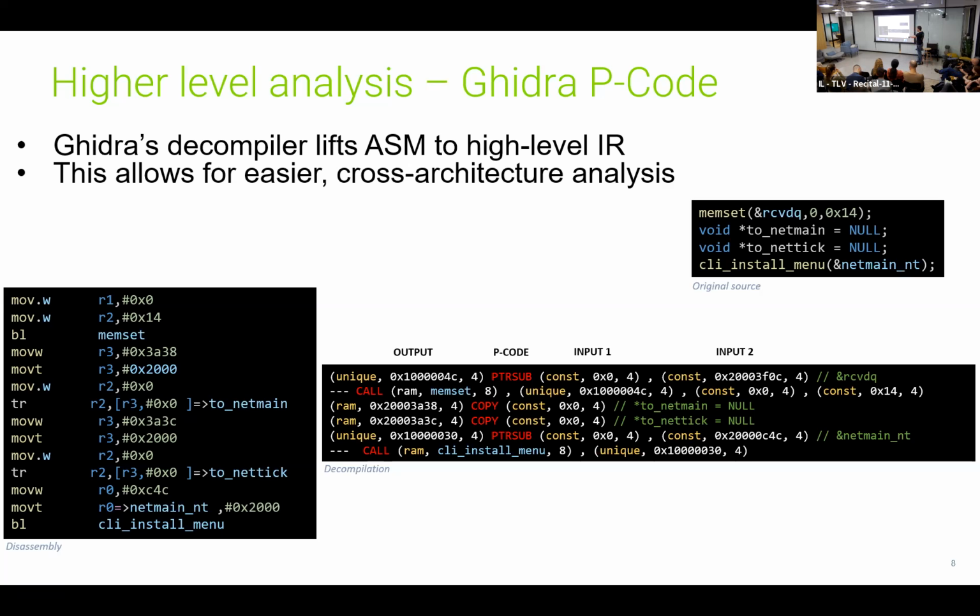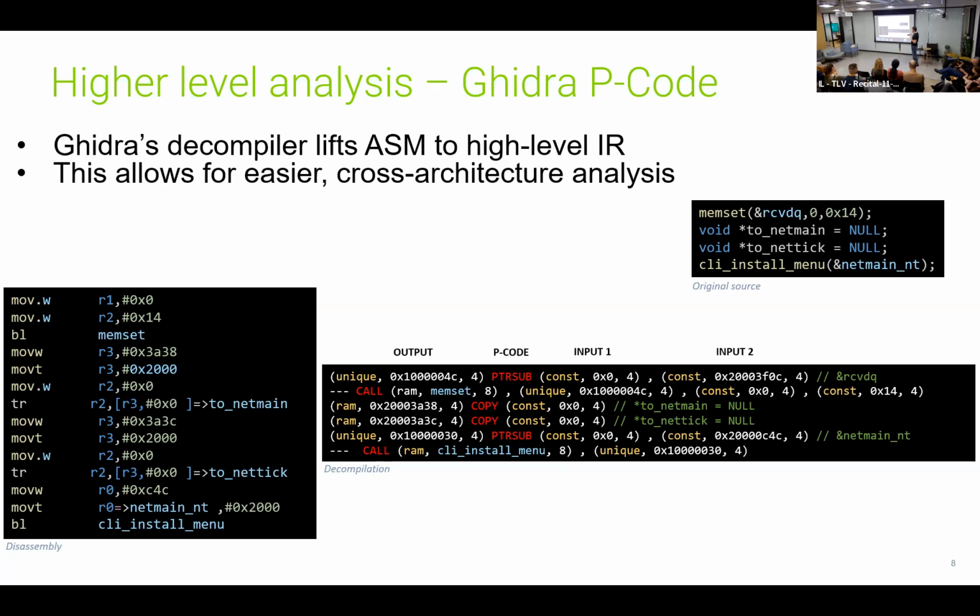First of all, you can see Ghidra's internal representation language is called P-Code. It has its own opcodes, but high-level opcodes. It's sort of a pseudocode. For example, in the disassembly, you can't see what the arguments to some function are.